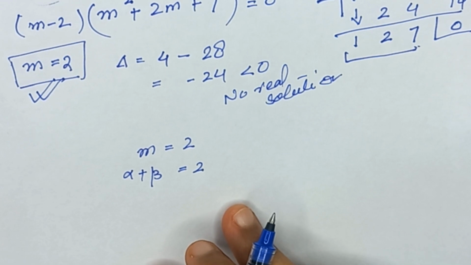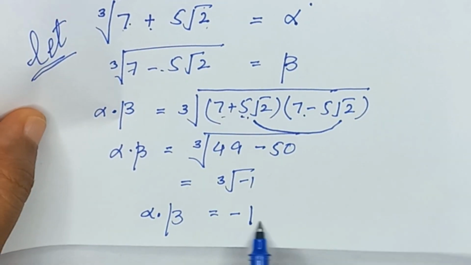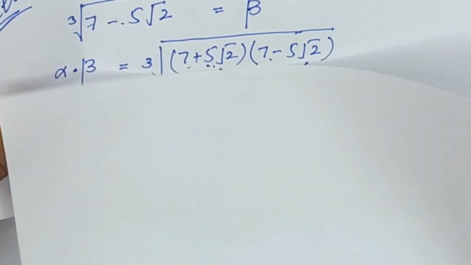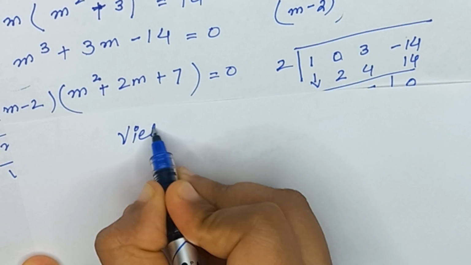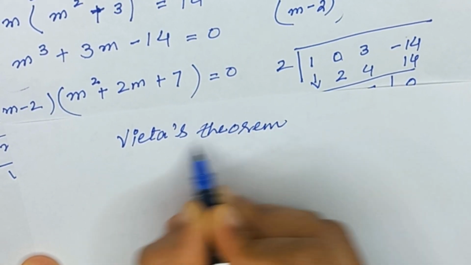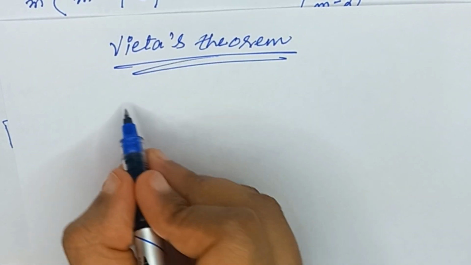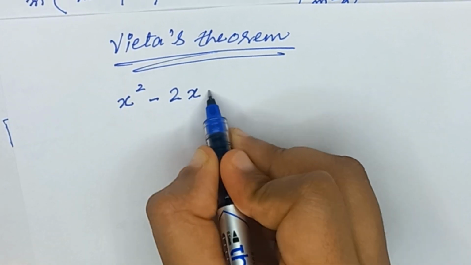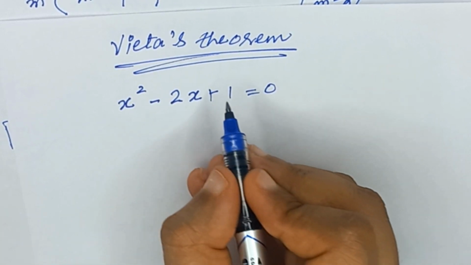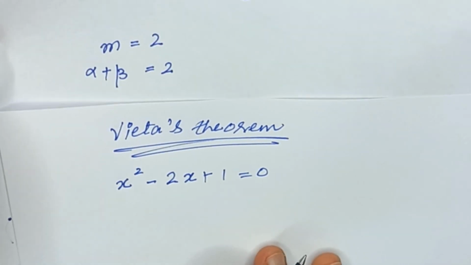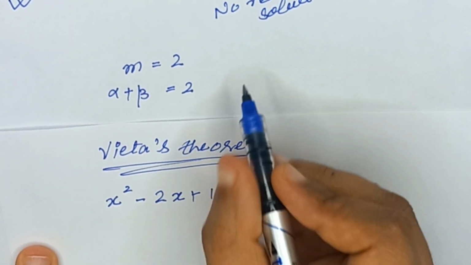Now we know that alpha beta is equal to -1 and alpha plus beta is equal to 2. So I will apply here Vieta's theorem. So it will give us an equation which is x square minus 2x minus 1 is equal to 0, because alpha plus beta is equal to 2, which is equal to minus b over a.